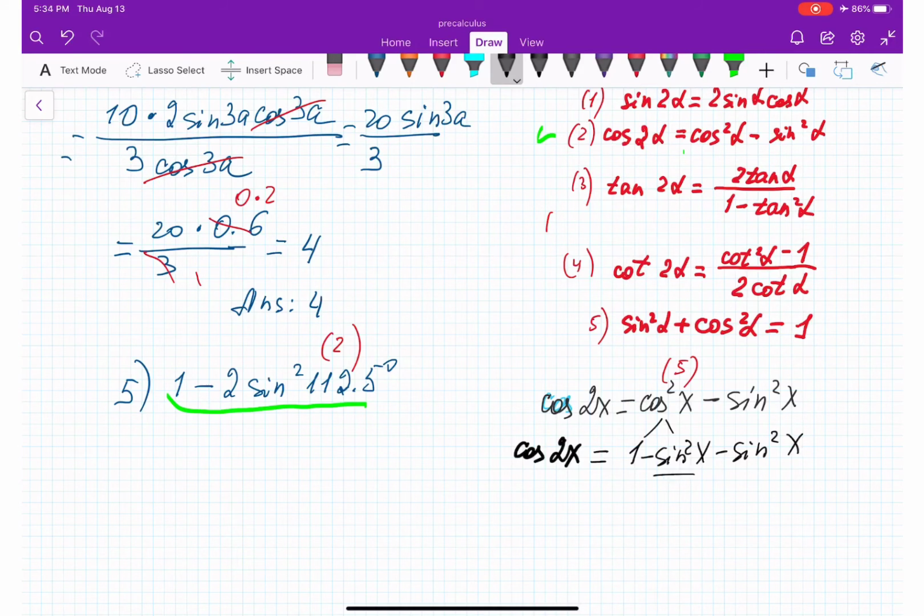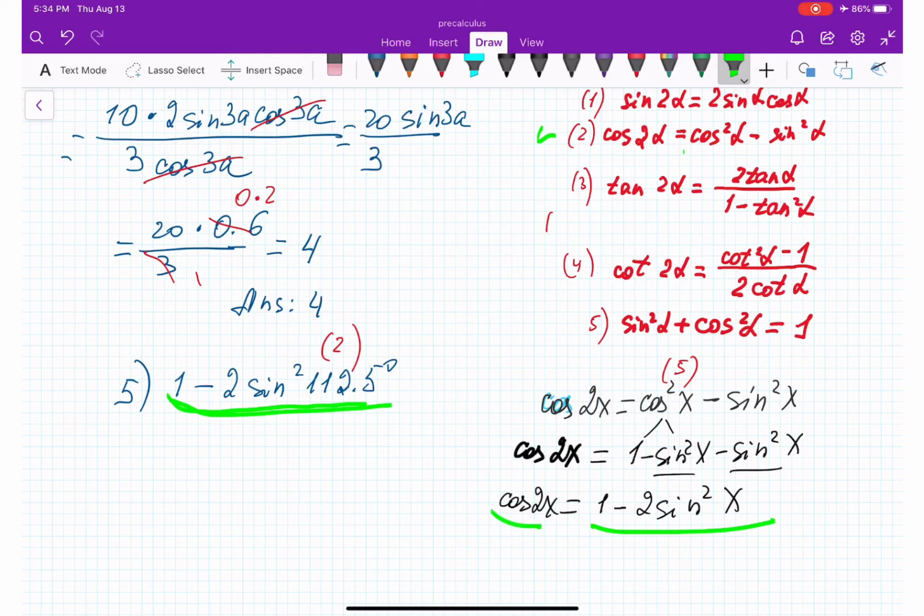So combining like terms, I'm getting cosine 2x is equal to 1 minus 2 sine squared x. Did we get a similar one? Look at that. 1 minus 2 sine squared x, 1 minus 2 sine squared 112.5. Yes, indeed. Which means this is equal to cosine 2x.